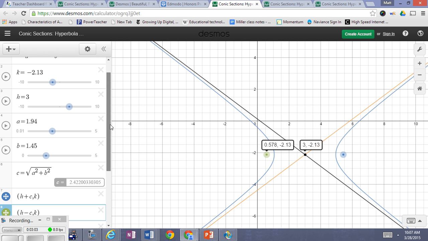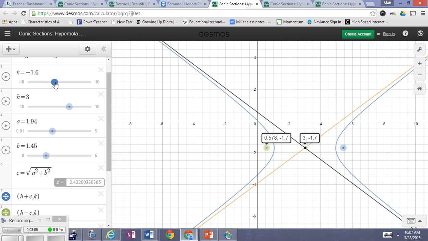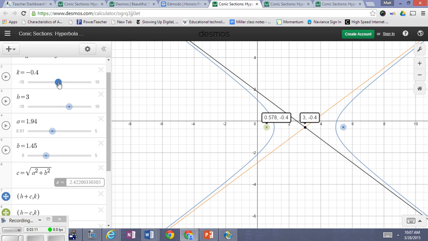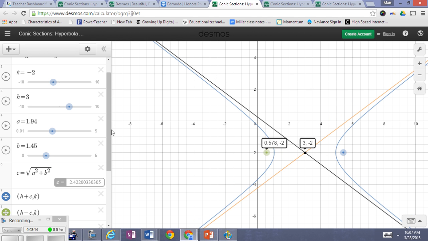So the center is right there, and our coordinates of the c value are right here. This got shifted a little bit, so I'm going to put that right back to -2. As you can see here, our c value is as computed here. This value has the same y coordinate because of its orientation, but the x coordinate of the focus is the c value taken from the x coordinate of the center point.